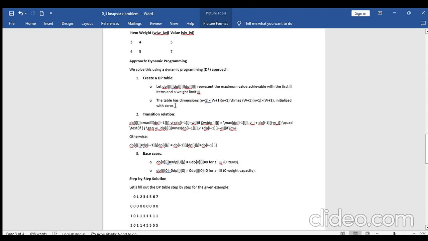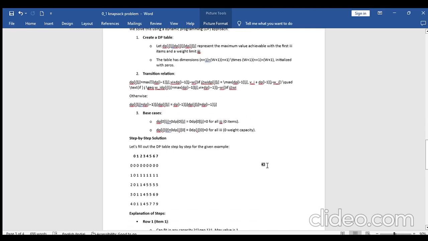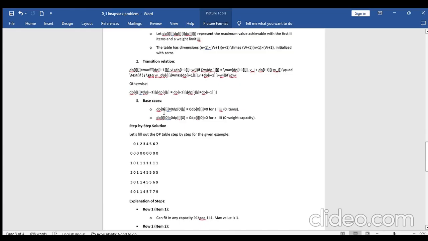So the table has dimensions n plus 1 by weight plus 1, initialized with 0. Here the base case is i equal to 0 and j equal to 0, with 0 items and 0 weight capacity.